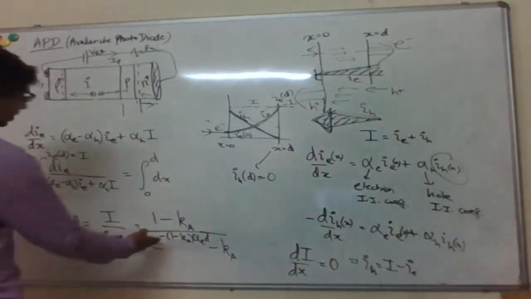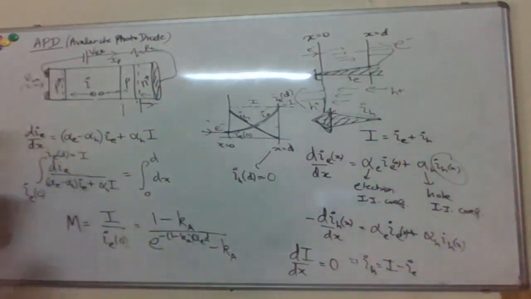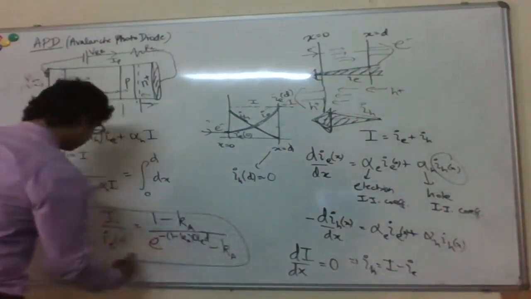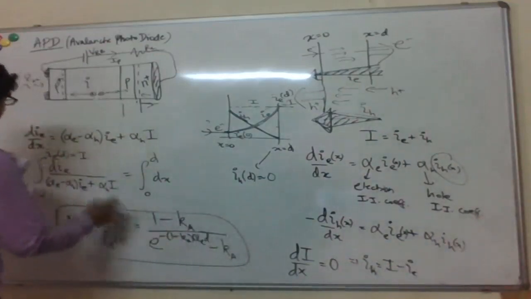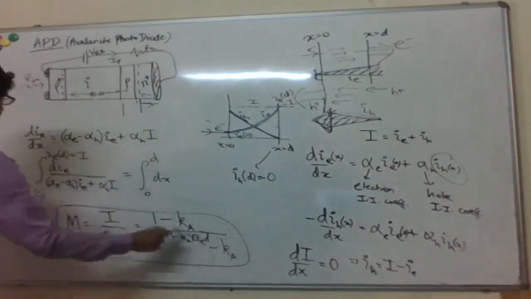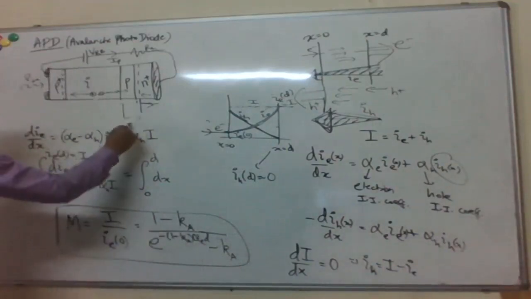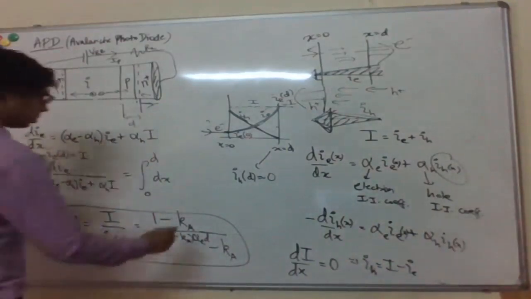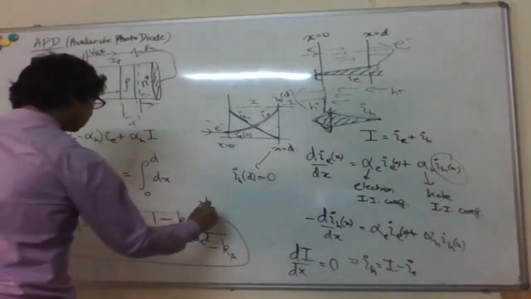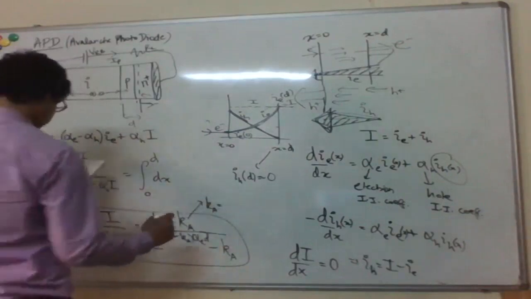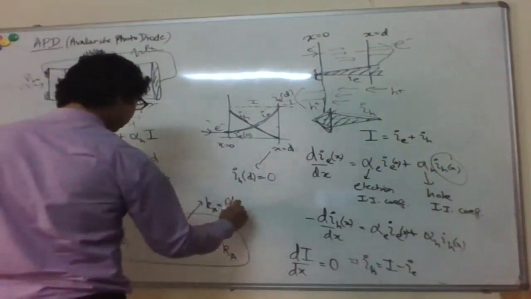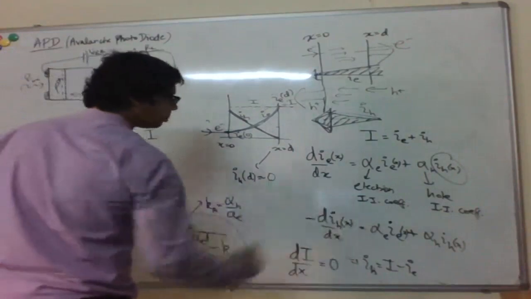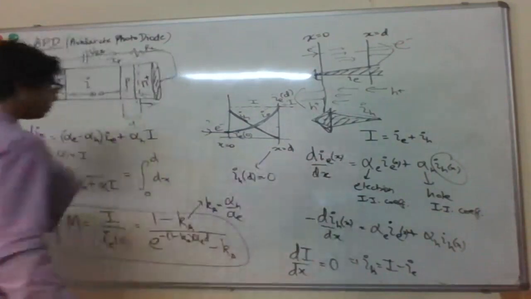of course there is some factor of e to the something because here we get a log, and we have introduced another. So alpha e we already know here. D is the thickness of the multiplication region, and Ka is the ratio of the hole to the electron impact ionization coefficients.